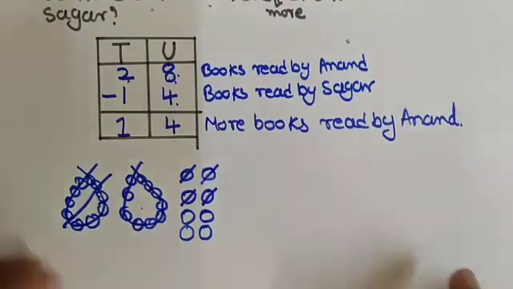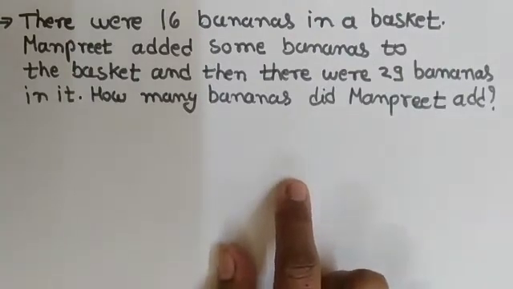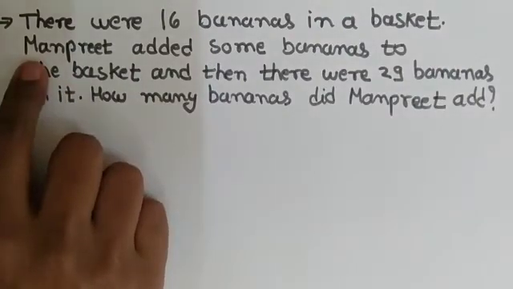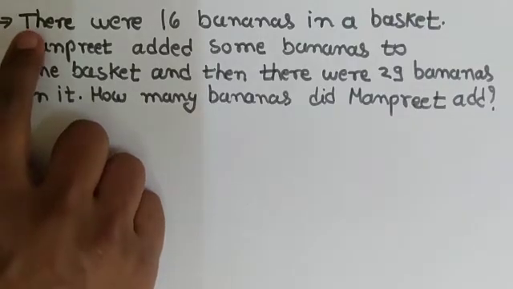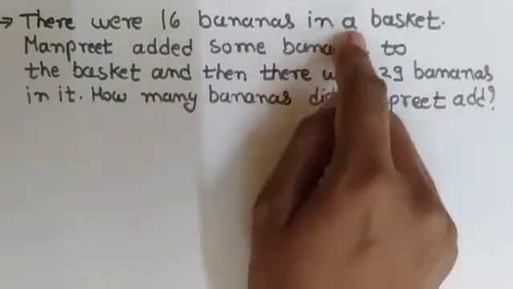Like this, children, you have to solve the next question. Now children, here we have one more word problem, a subtraction story. Let's read. There were 16 bananas in a basket.